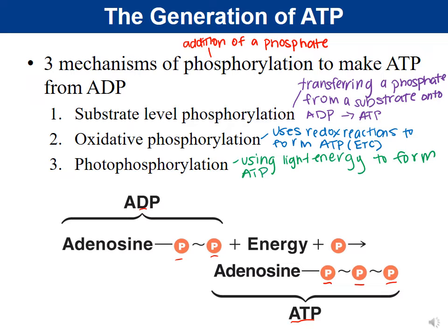And what process would you guess uses photophosphorylation? That's going to be photosynthesis. And so we're going to look in a little more detail at each of these three methods of ATP production.